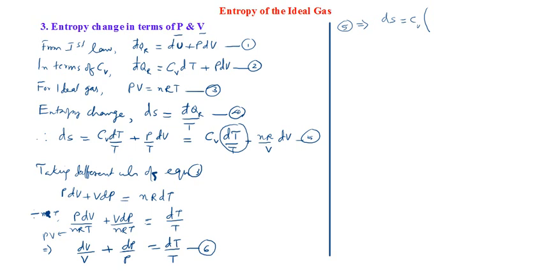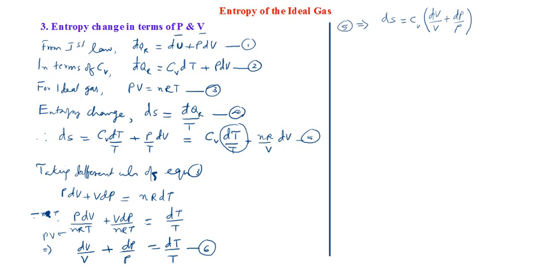So what is dt by T equal to? dV by V plus dP by P. It's simply a mathematical manipulation, nothing else is there, no other physical thing involved.